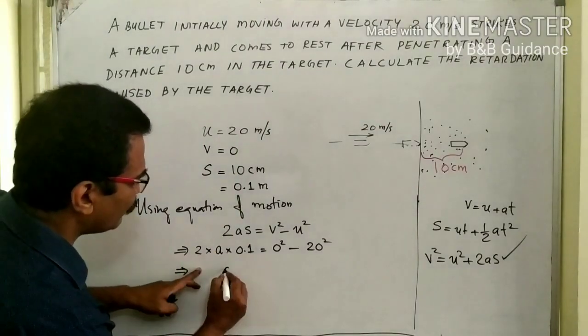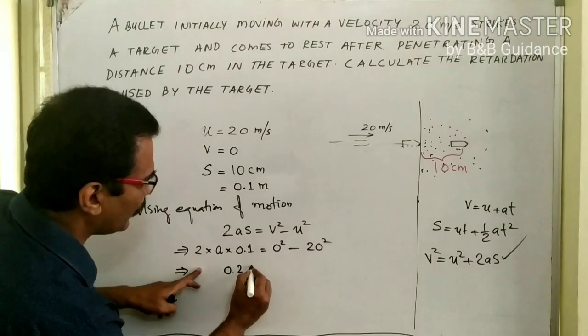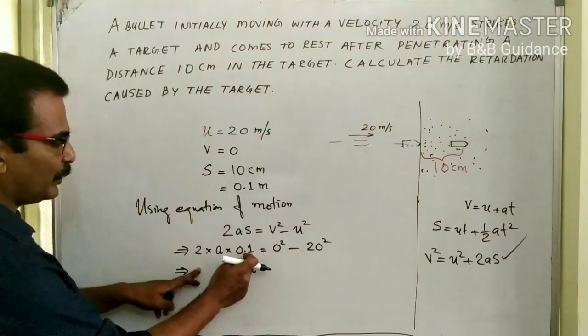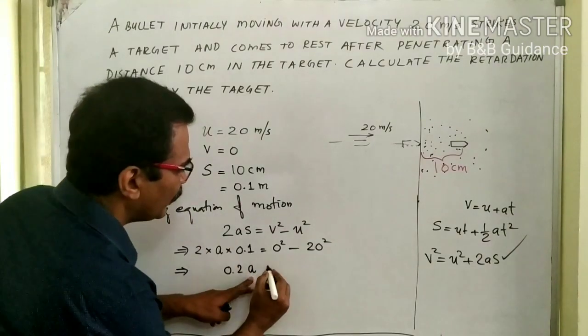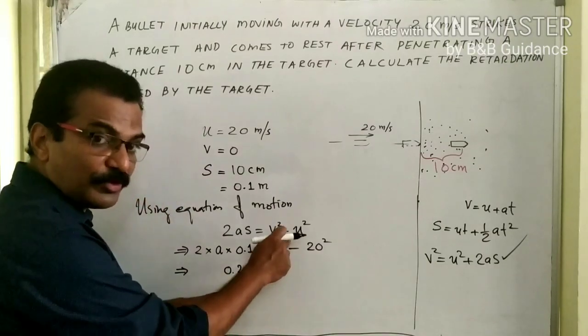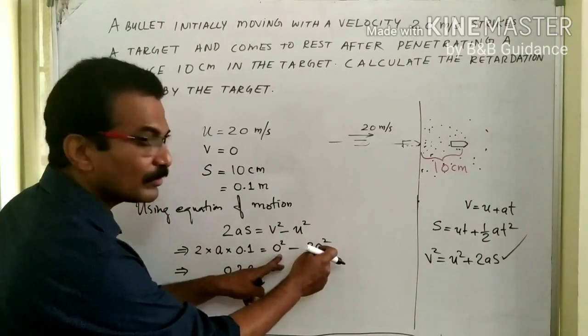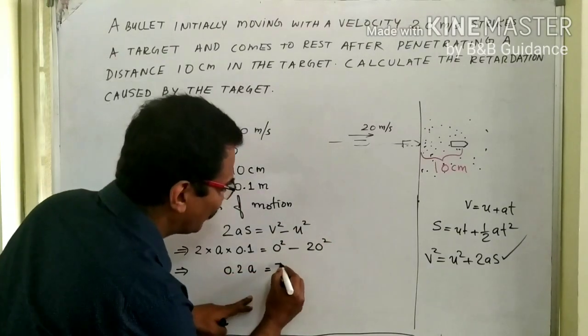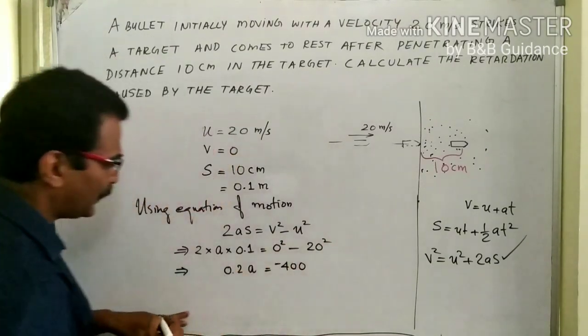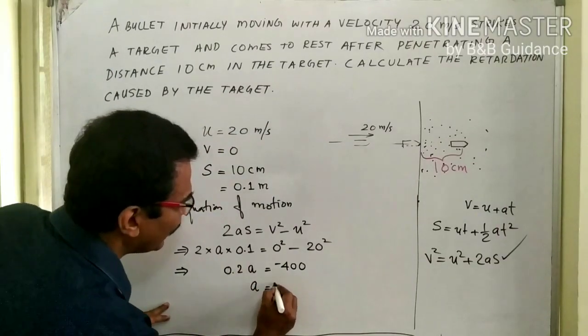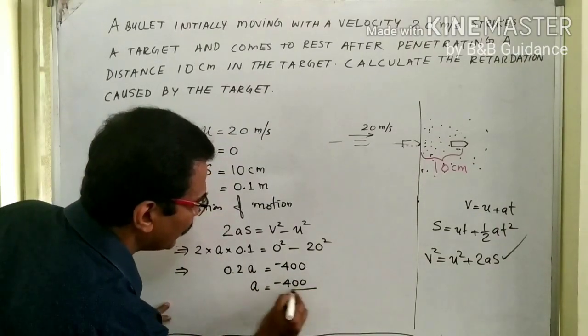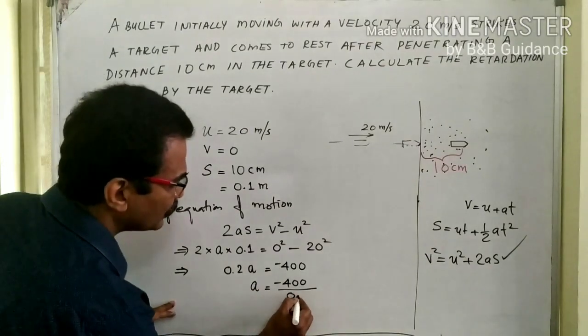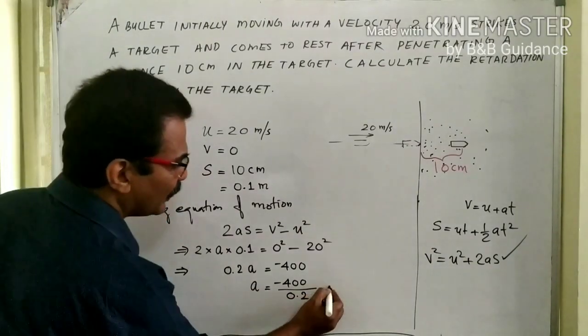When I multiply, 2 into 0.1, 0.2 times a equals 0 minus 400. 20 squared is 400. So a is equal to negative 400 divided by 0.2.